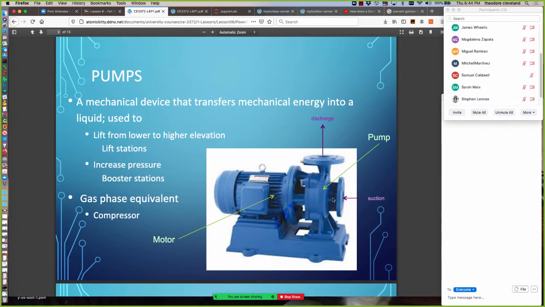Water would enter through this hole into the center of the pump housing, and then there's a spinny thing inside called an impeller, which throws the water from the center line out towards the edge, and then that's captured by the housing and directed to the discharge outlet. And here's the discharge outlet, another flange here, and then there's a hole there for the discharge. You can also see a fitting right here that I suspect in the case of this particular pump is a tap, probably for a pressure gauge to be used to control the pump itself.